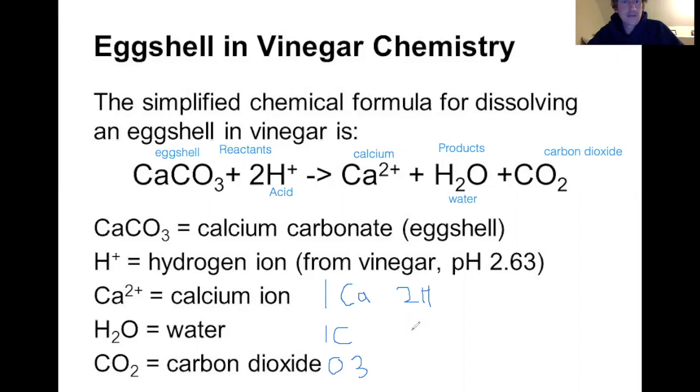In this case, it changed from calcium carbonate and acid hydrogen ion to calcium, water, and carbon dioxide, which the carbon dioxide is what you saw in the chemical reaction of the egg dyeing, proving our law of conservation of mass.